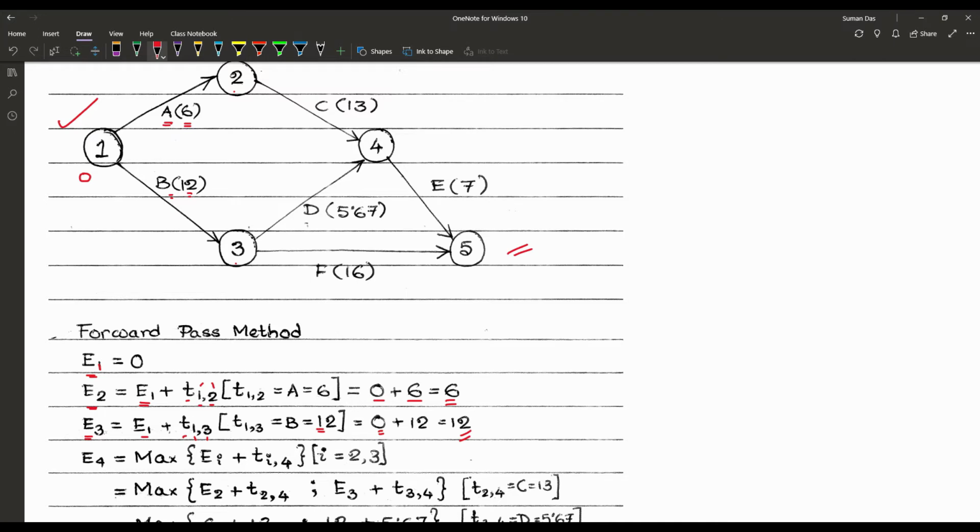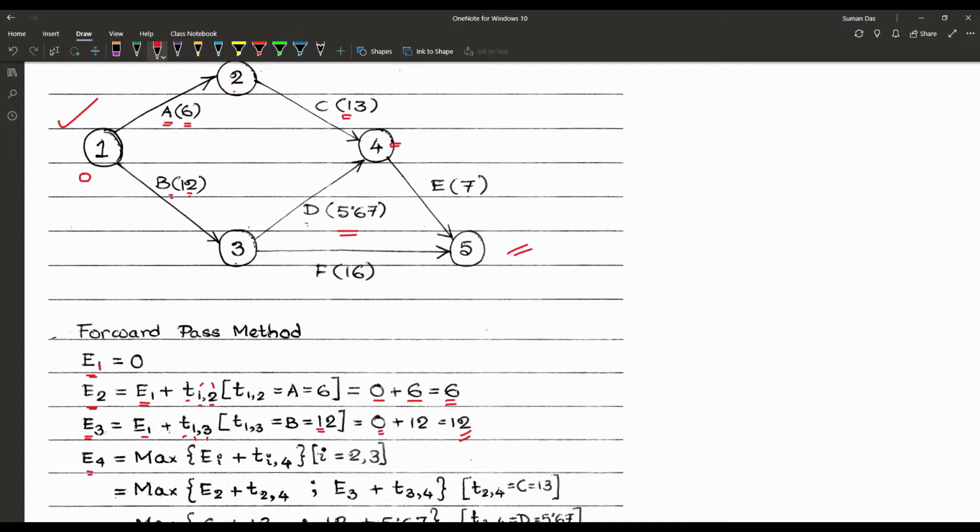Next we are proceeding to node 4. Now there are two nodes, 2 and 3, which are reaching node 4 with the activities C and D, and the activity times or durations are 13 and 5.67.